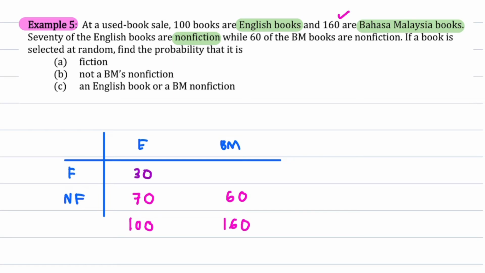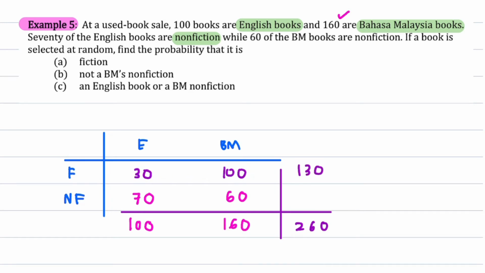And then BM fiction must be 100. Total number of books is 100 plus 160, which is 260. If you add on all the fiction books, 130. Add on the non-fiction books, also 130. That is the contingency table. Some questions will ask you to construct this contingency table, so you have to know how to construct it.